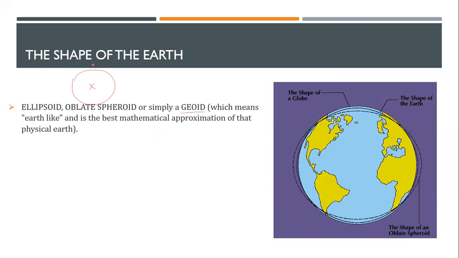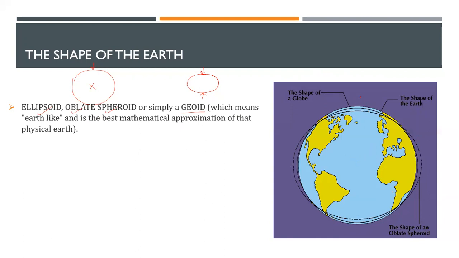If I simply compress a tennis ball or a basketball from two sides, it forms a shape like this, which is compressed from two sides equally, and that is known as a geoid, ellipsoid, or an oblate spheroid. These three terms mean the same thing. The shape is present on the right side also. You can see the dotted line. The dotted line represents the real shape of the earth.